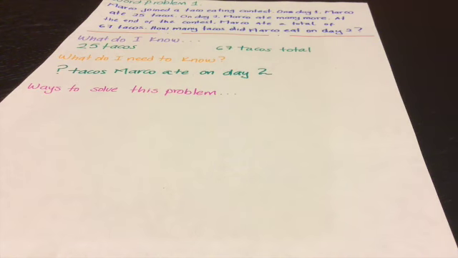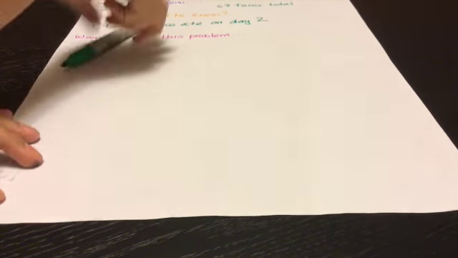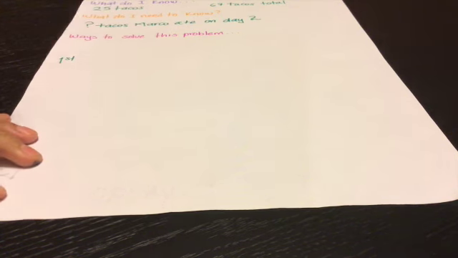So the first thing we need to think is what type of problem this is and what kind of operation we need to do in order to solve the problem. So the first information I received is that I know that Marco ate 25 tacos.